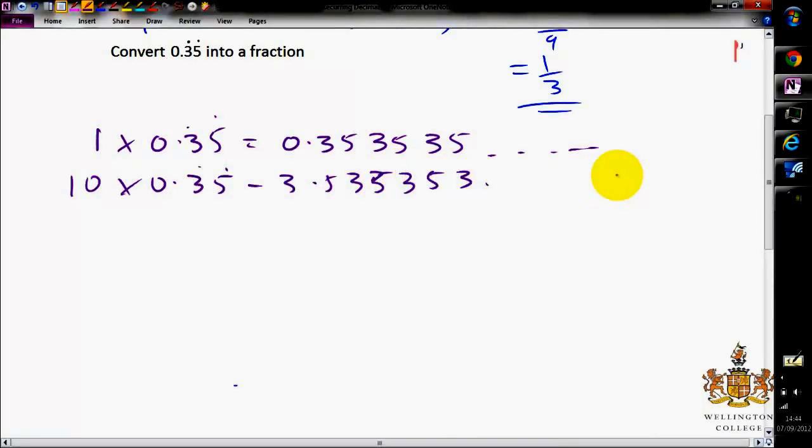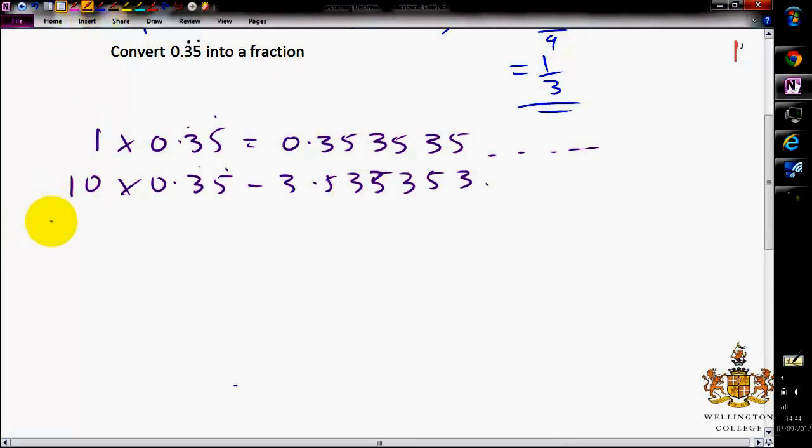And that doesn't match up after the decimal place. If we look after the first decimal, we go 3, 5, and the next line we go 5, 3, so they don't match up. Okay, so let's try 100 times.